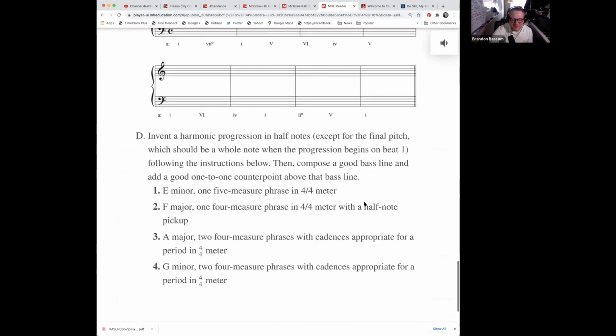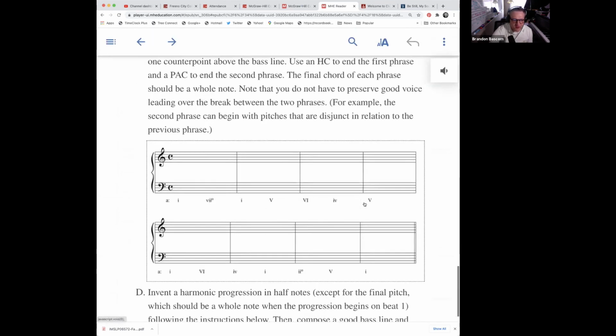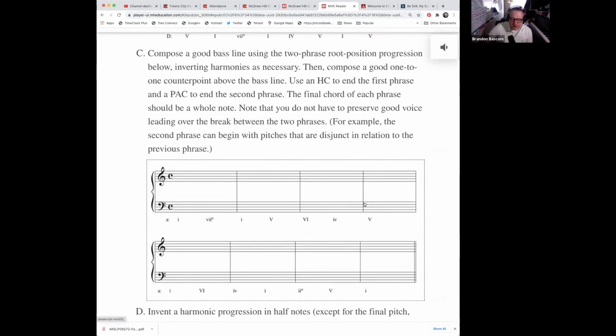All right. So we've got C left in our workbook and D left in our workbook, yeah? Then we're done with this chapter. I think it's time for a test next week. What do you guys think? We haven't had a test.